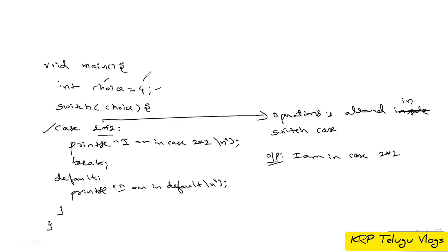So the next question is like this. Write me int choice equal to 4. Switch choice.